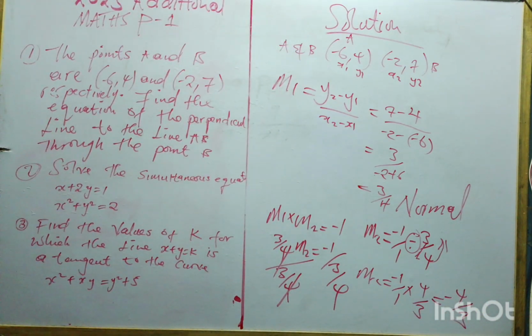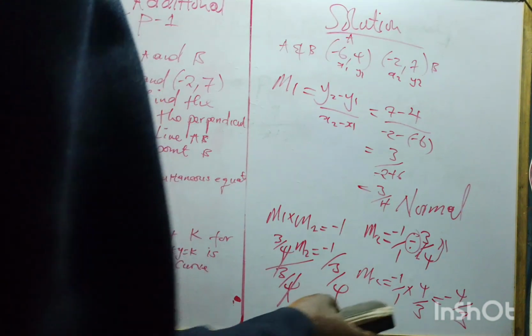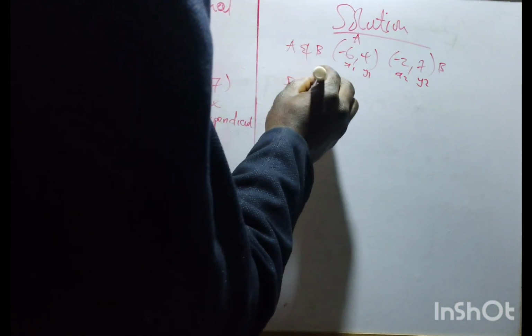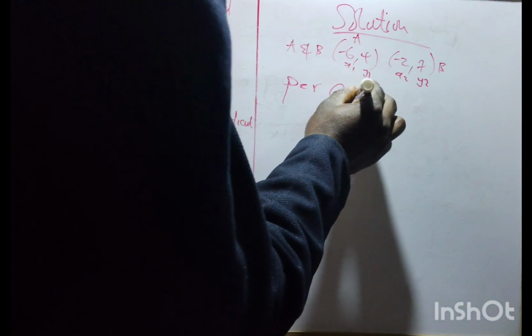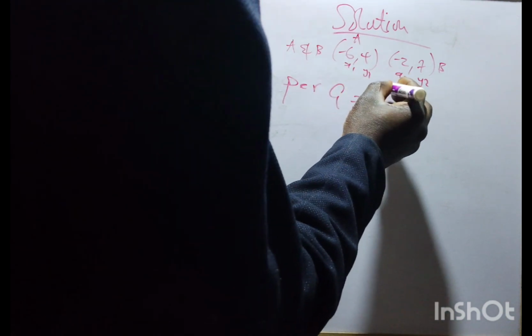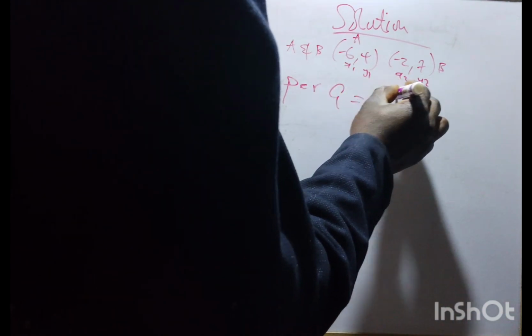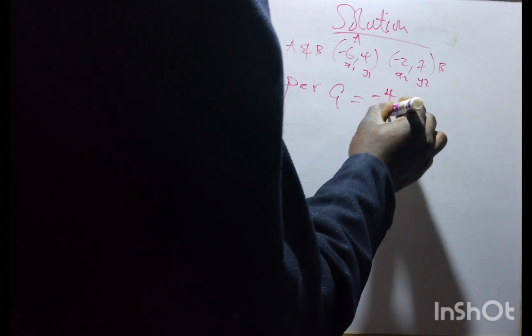I hope you followed what I did here. We have found that the perpendicular gradient is -4 over 3.